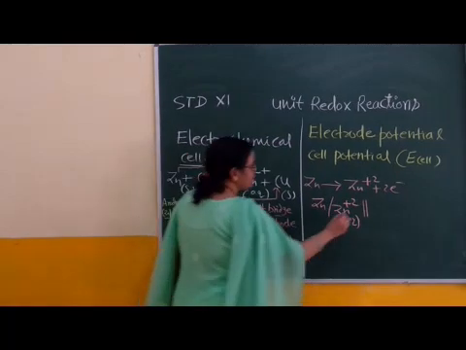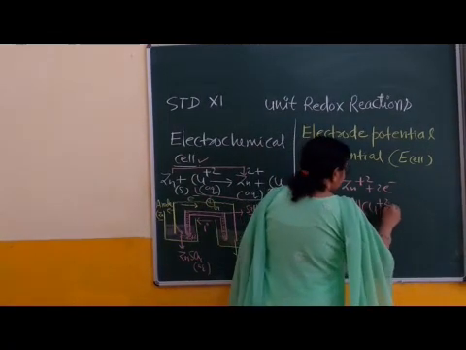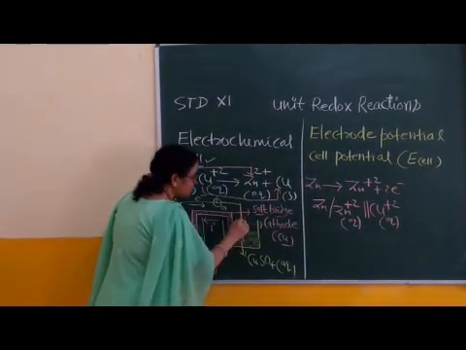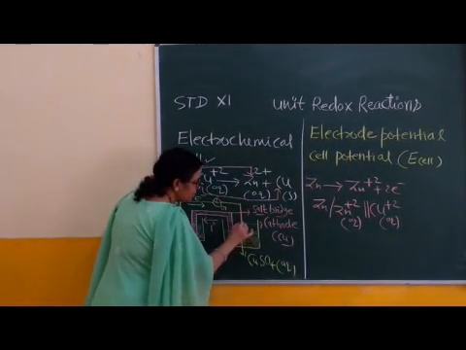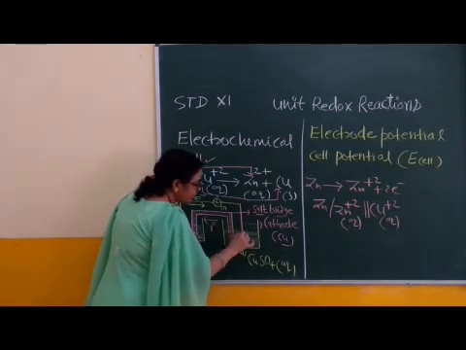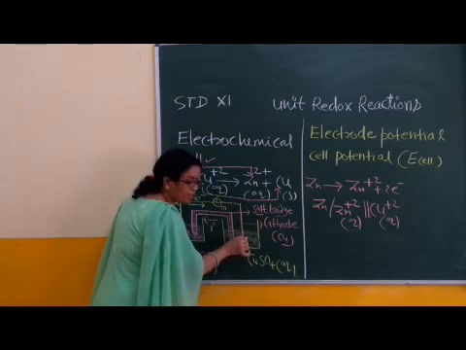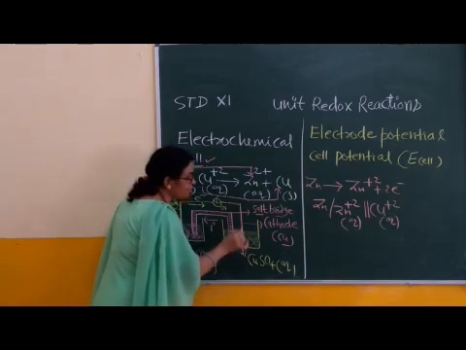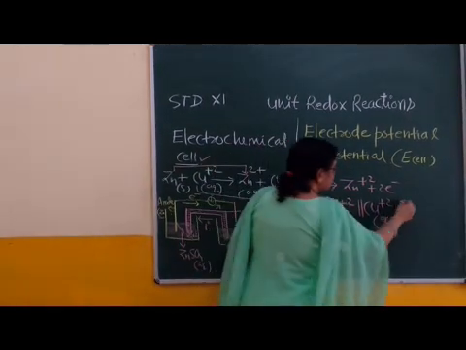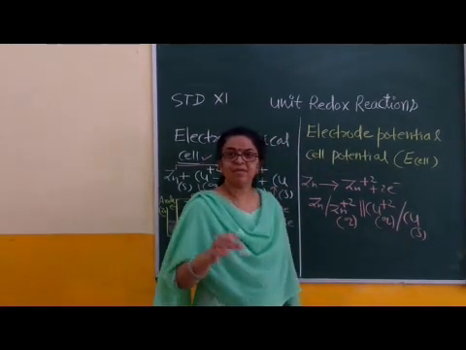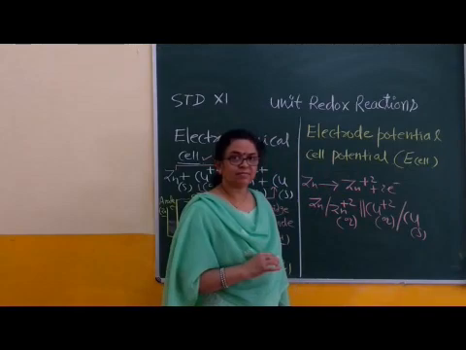Copper is present as Cu2+ ion, medium is aqueous. And then again a separation, the boundary or surface between cathode and solution, which is shown by a slash like this. This is the scientific notation, the cell notation.